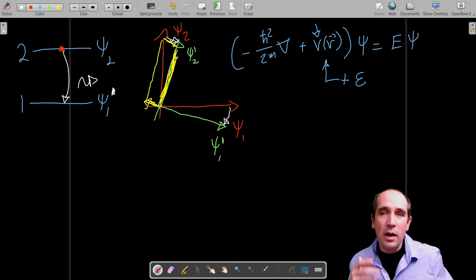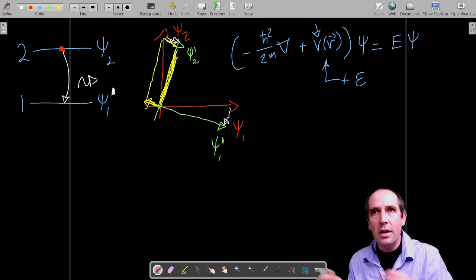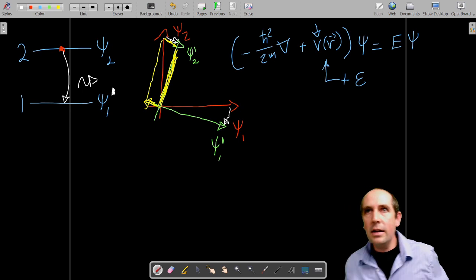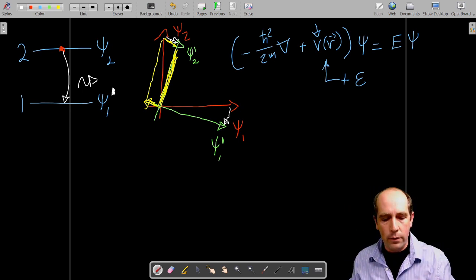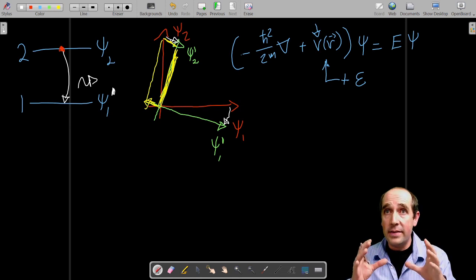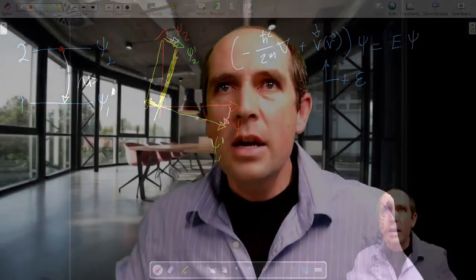So they produce somehow spontaneous, the electromagnetic field itself produces spontaneous emission of radiation. And this is basically the view of a quantum system that is now immersed in a quantum vacuum.